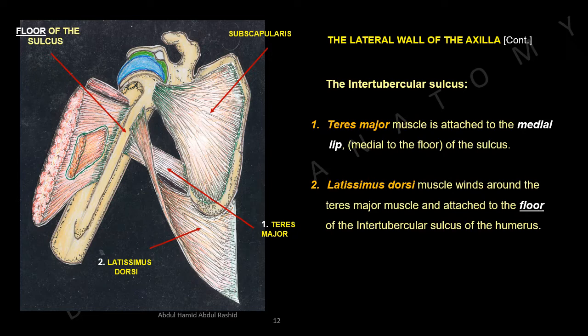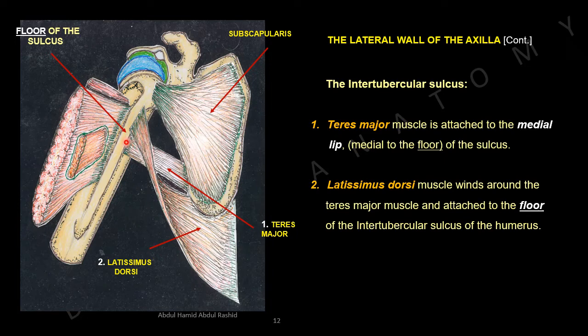Continuation of the lateral wall of the axilla. This is the intertubercular sulcus. It has two lips, lateral lip and medial lip. In between the two is the floor of the intertubercular sulcus. The medial lip is attached by number 1, teres major muscle.